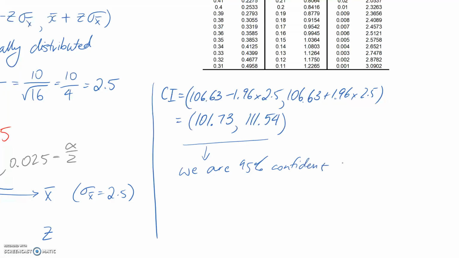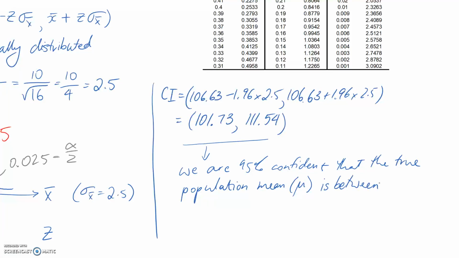So we're 95% confident that the true population mean, which is mu, is between our lower and upper limits. So 101.73 and 111.54. Alright, so that's pretty much all there is in terms of this video. That would be my final answer for what we were asked.